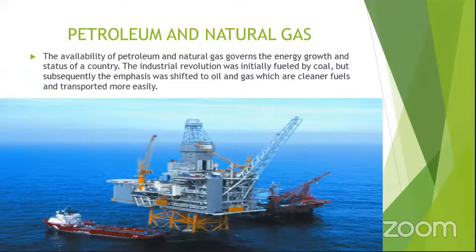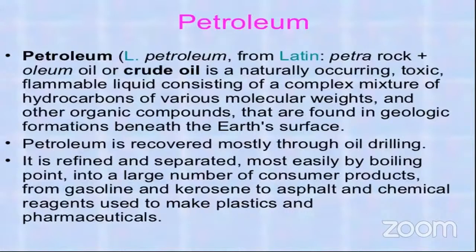So, the petroleum and the natural gases. This petroleum and natural gas was widely extracted after the post-industrial revolution. Okay, so petroleum comes from the Latin words petra, meaning rock, and oleum, meaning oil. So in Latin it is called rock oil because it is basically extracted from the aquatic strata, all the aquatic rocks.